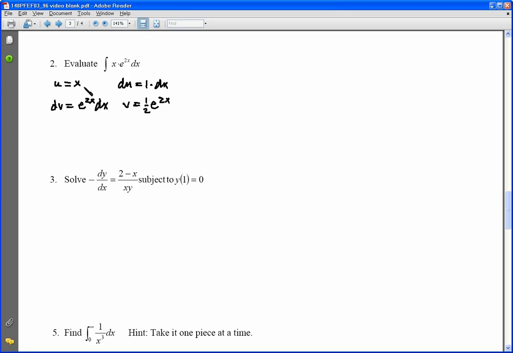And then we want uv, so this integral is going to equal uv minus integral v du. So u times v is going to be 1/2 x e to the 2x minus integral v du, which is 1/2 e to the 2x, and then our du is just dx.